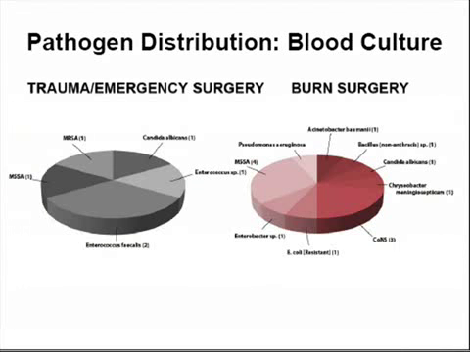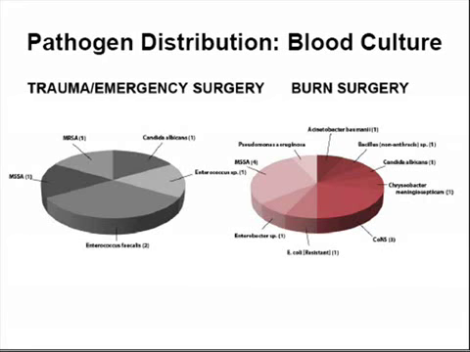In our study here at UC Davis Medical Center, we looked at 50 different patients, 30 of which were from trauma, emergency surgery services, and 20 from the burn surgery service. Of course, the organism that was most prevalent in both patient populations was Staph aureus, subdivided here in these pie charts to methicillin sensitive and methicillin resistant Staph aureus.